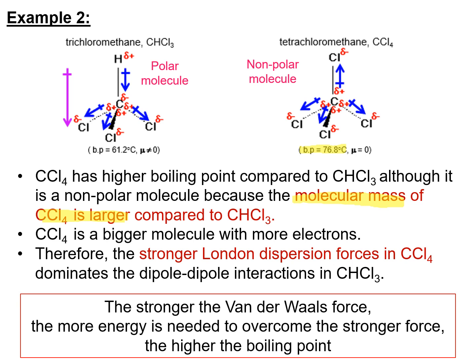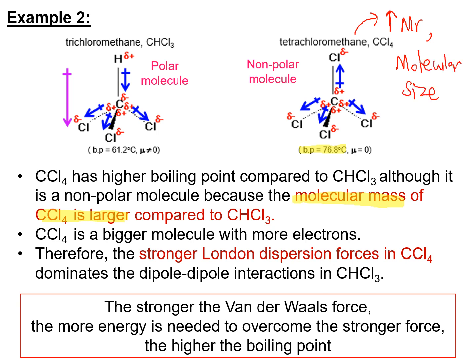So sekarang ni kita dah tak ambil kira factor molecular polarity just because CCl4 ada greater molar mass. So bila dia ada greater molar mass, therefore kita akan ambil kira factor molecular size.